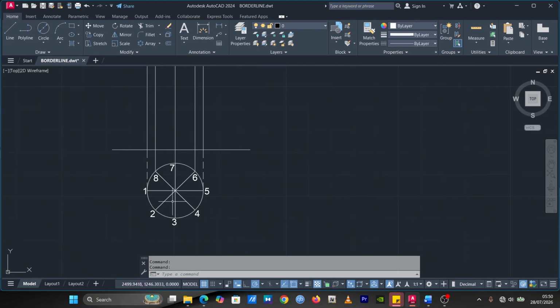Now when we are done having this, we are also going to name it with alphabets, which is A here, B here, C here, D, E, F, G, H. So you are going to have A to H. I would prefer if we put our numbers inside the circle to make it look nicer.